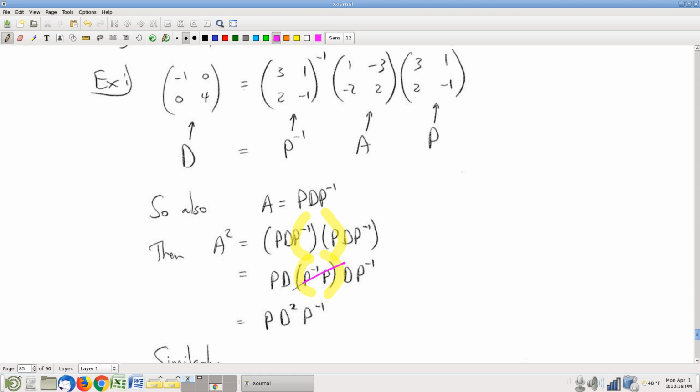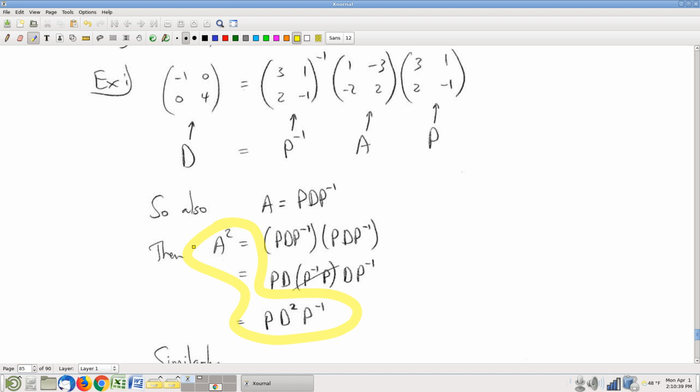P inverse times P is the identity. You can scratch those off. And what we've ended up with then is that a power of A is a conjugate of a power of D.